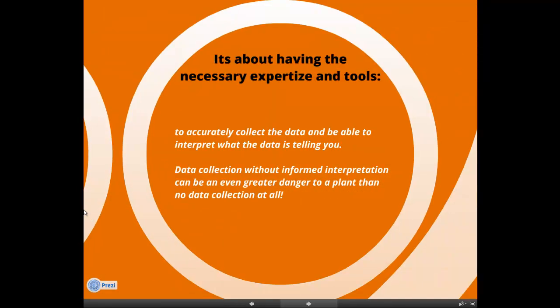It's about having the necessary expertise and the necessary tools. It's about the business process that allows this to put the necessary infrastructure in place to be able to cost effectively look at all that data that needs to be looked at and take the appropriate corrective actions. Most facilities don't have the time, expertise, or inclination. They're busy manufacturing their parts.